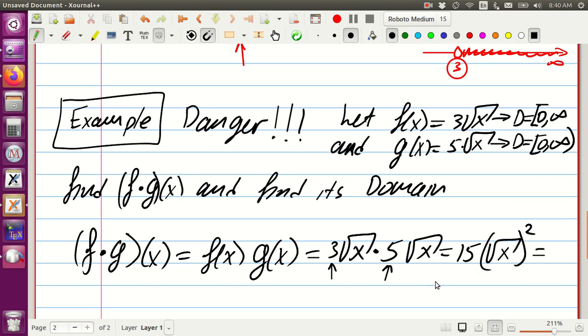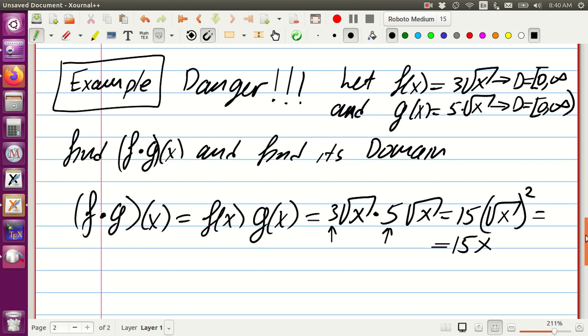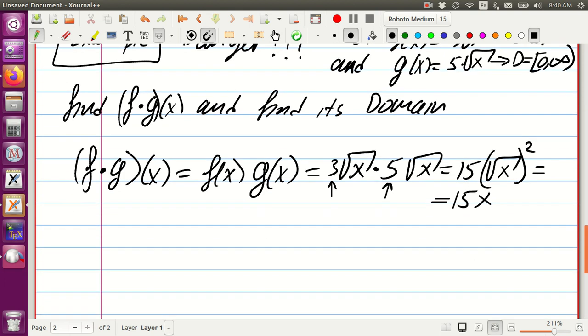But what do we know about the square root of x squared? That this is just x. All right, so we figured it out. And if we look at this function, we should say that the domain, look, 15x, anything would work for 15x. So we should say minus infinity to infinity, right?